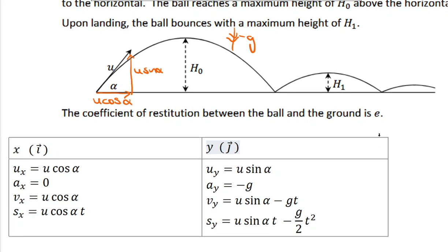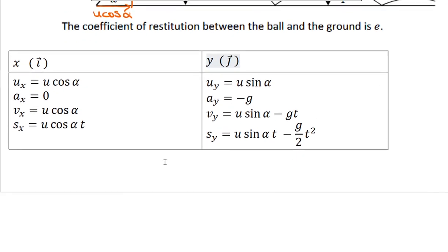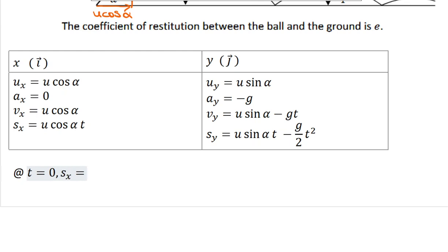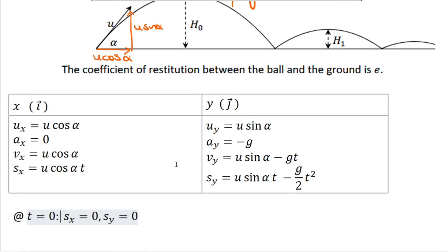We know certain things. We know, for example, and this is probably not useful, we know at t equals 0, sx equals 0, and sy equals 0. So that's something we know. Don't know if it's useful for us, but it's true.